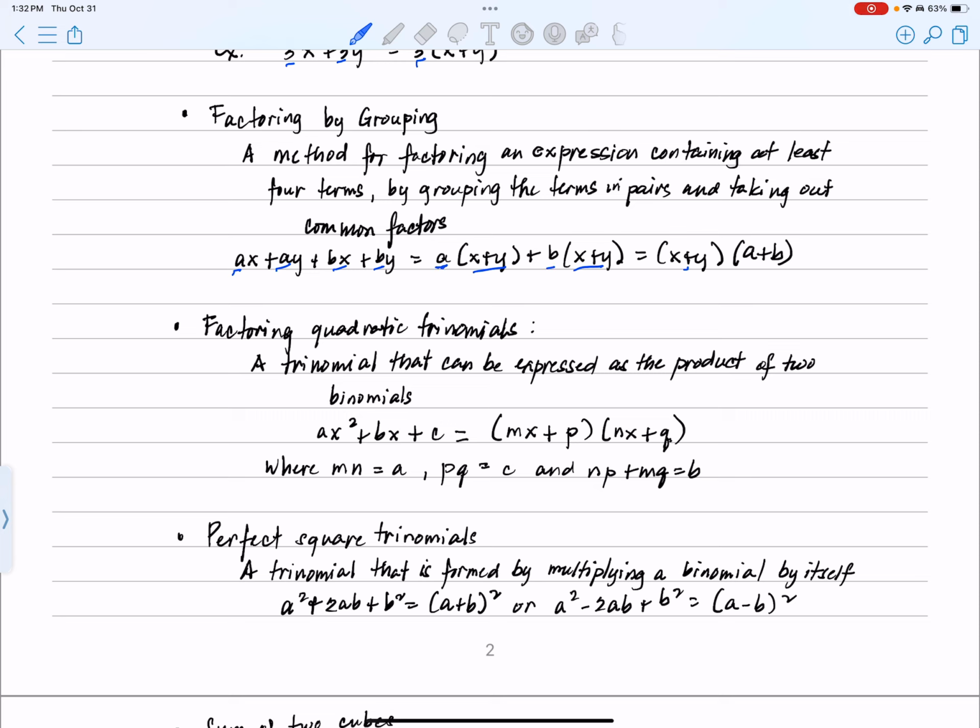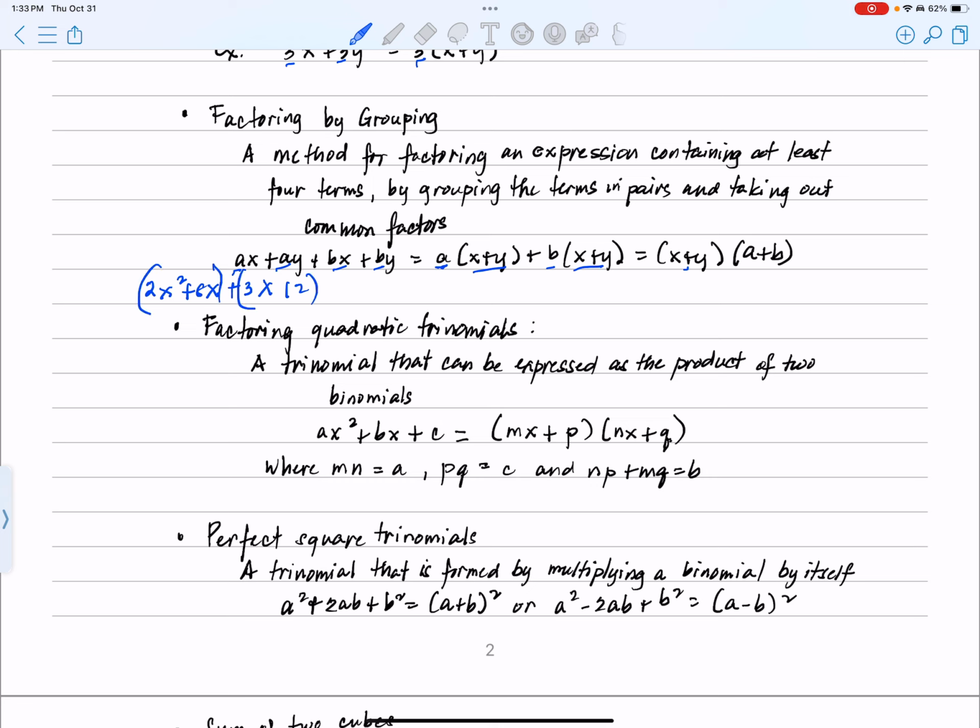So for example to that, okay, we have 2x squared plus 8x plus 3x plus 12. So we have four terms, so we can start grouping this.